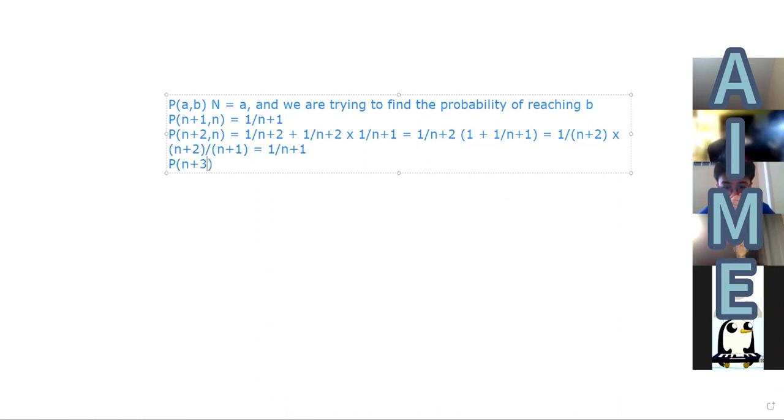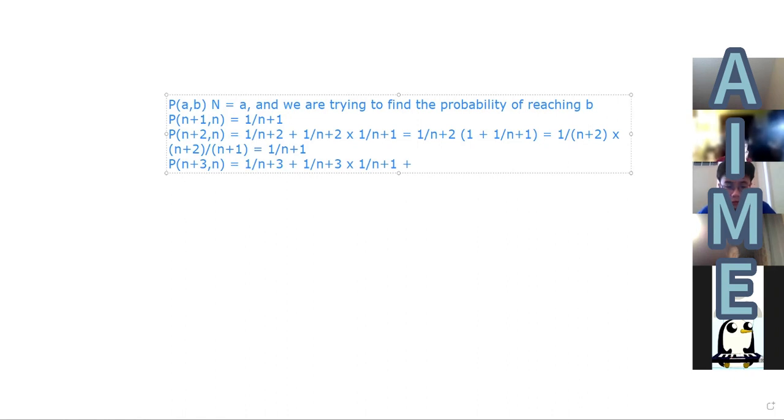If we're trying to get from n plus 3 to n, first off, we can get from n plus 3 directly to n. So it's 1 over n plus 3, plus the chance of getting from n plus 3 to n plus 2 and then to n. So it's another 1 over n plus 3 times the chance of getting from n plus 2 to n, which is 1 over n plus 1.